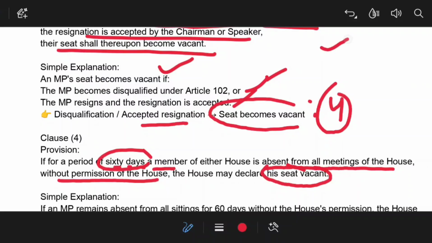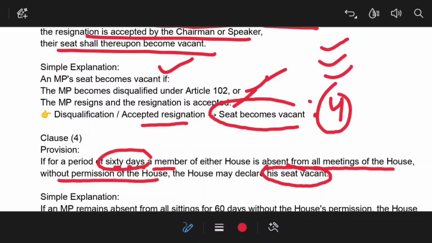So clause 1: an MP of both houses, you have to vacate one. Clause 2: if you are a member of parliament and also of a state legislature, then you have to vacate one seat. If you decide to vacate your seat in the state legislature, then your seat in the parliament will be safe. Otherwise, if you do not take any decision about which house you want to give up, then your seat in the parliament will be considered vacant.